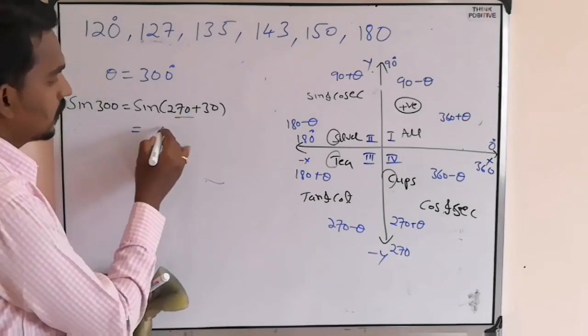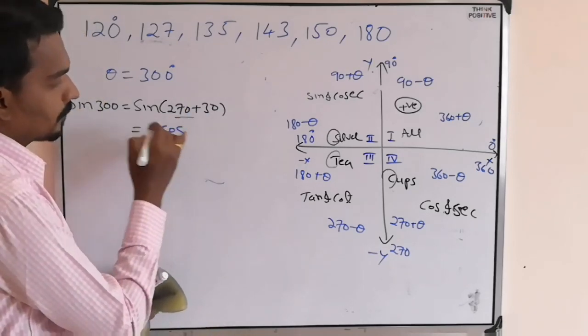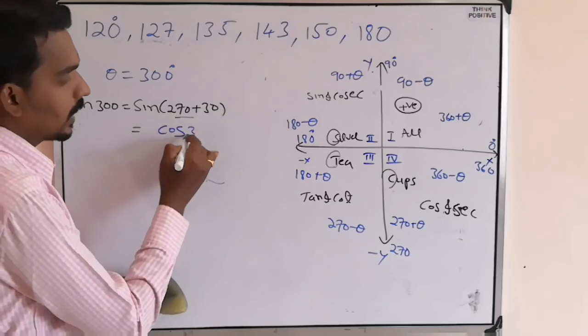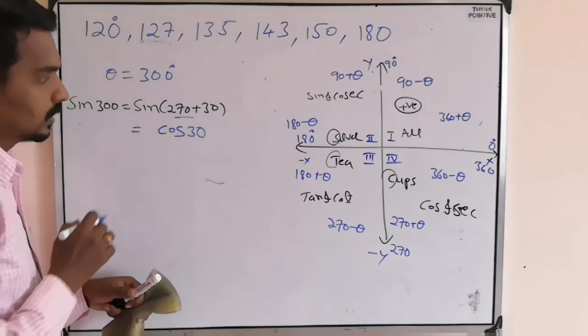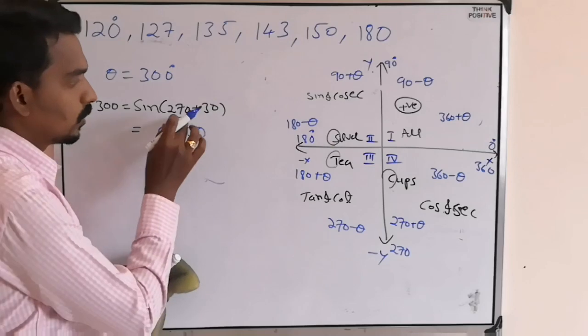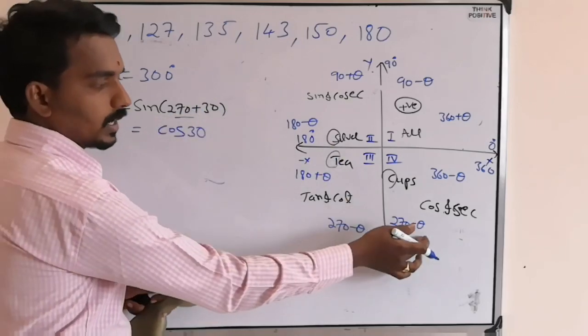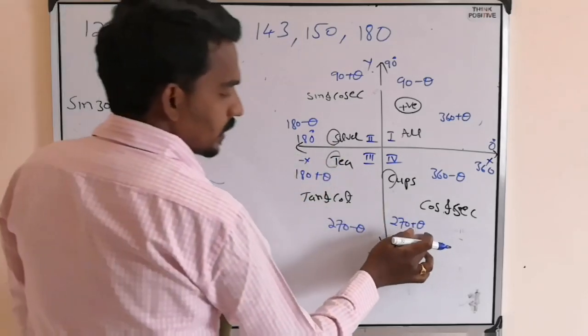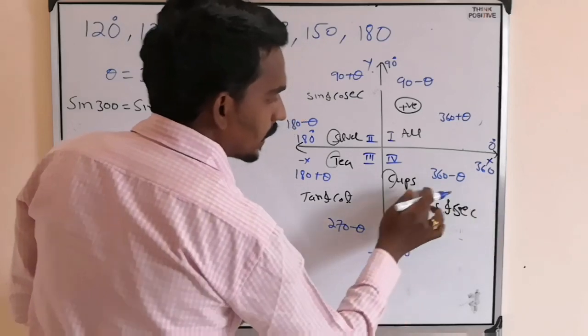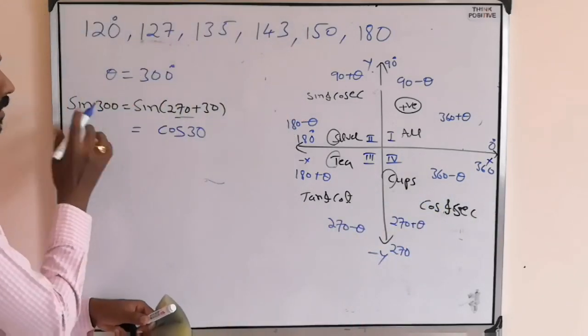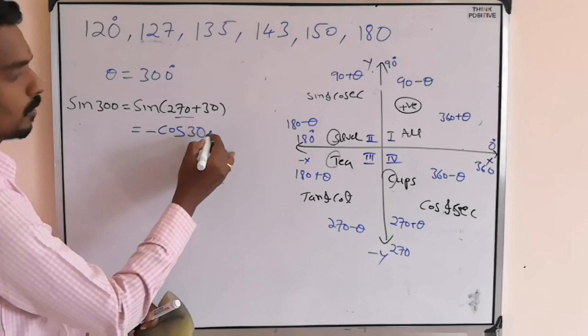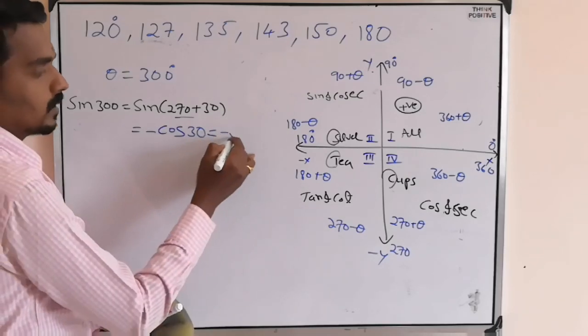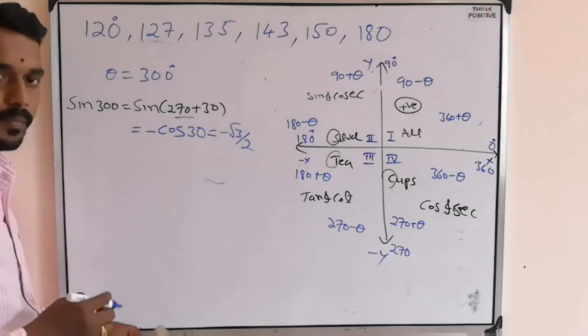So sine will become cos. Here in place of theta, 30. Now 270 plus is fourth region. In fourth region, only cos and secant are positive, but here sine, so negative. So how much? Minus root 3 by 2.